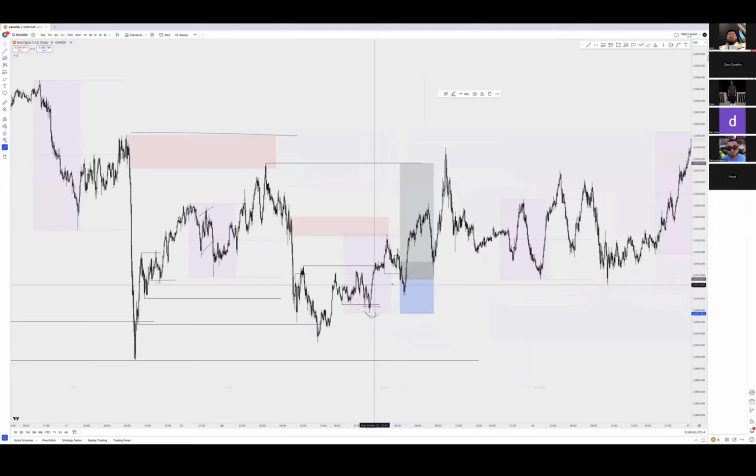You can enter from the top of this up here, right? Because this is basically the move. This was the move that continued higher. So you can say the liquidity block starts from here and just enter right there.